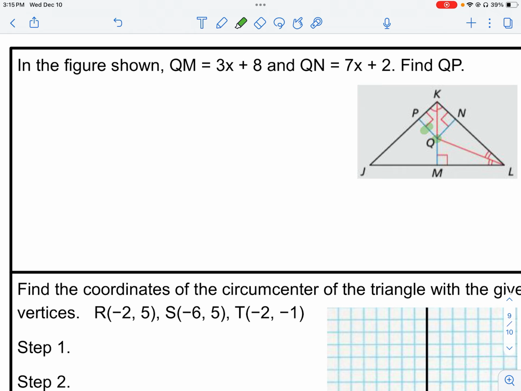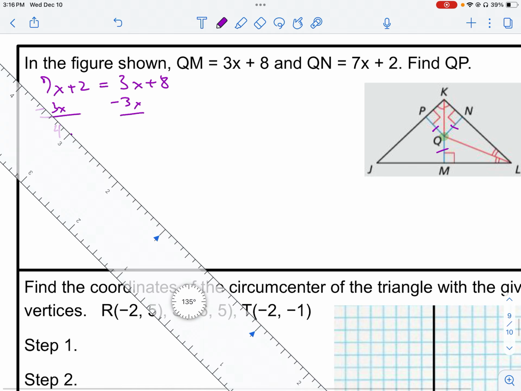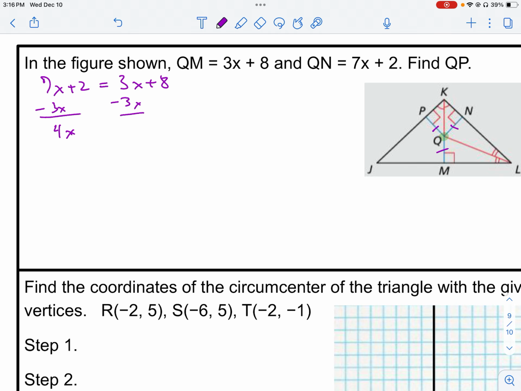So QP, QN, and QM are going to all be congruent. So let's just set these equal, find our x, plug it in, and see what we get.